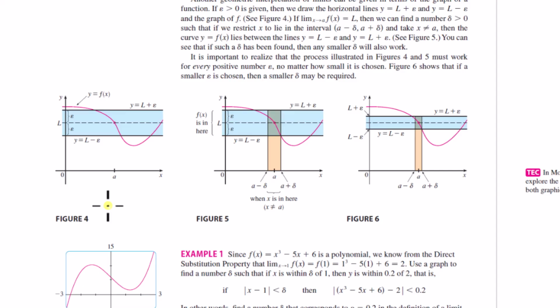I think I said that L is an output of the function, but that's not necessarily the case. It might or might not be. I just meant that L is on the output vertical axis here. You've got the outputs on the vertical axis and the inputs on the horizontal axis. Like, okay, so L is the value on the output vertical axis that is being sandwiched or boxed in.